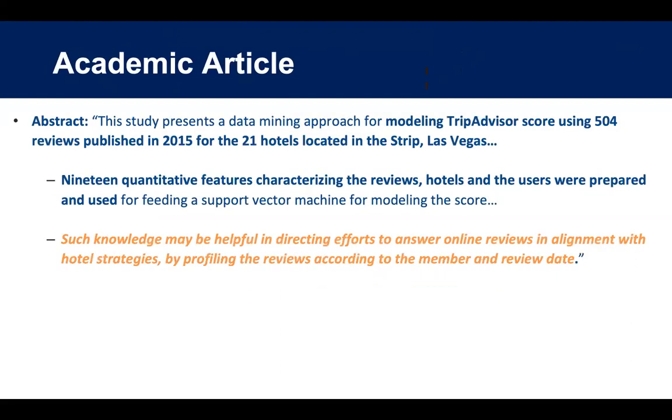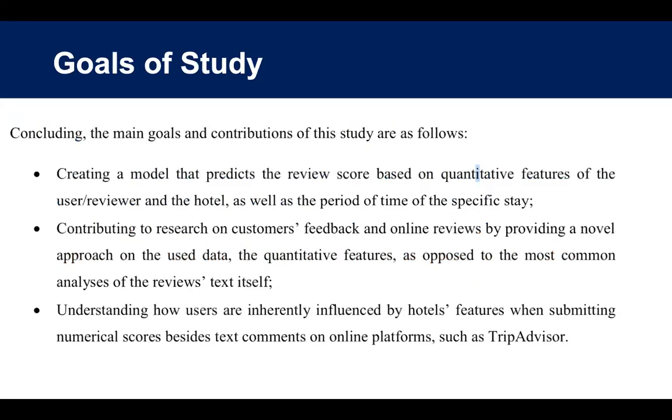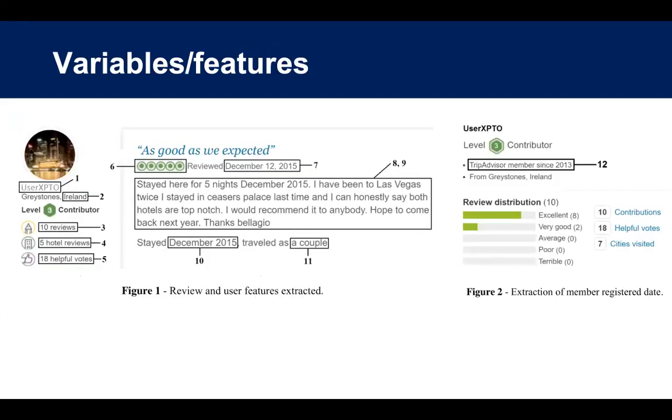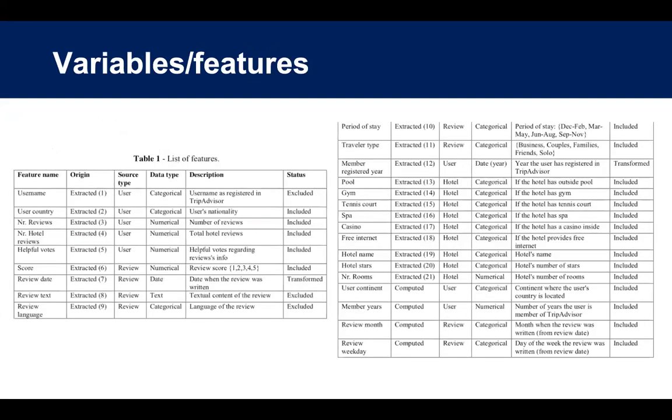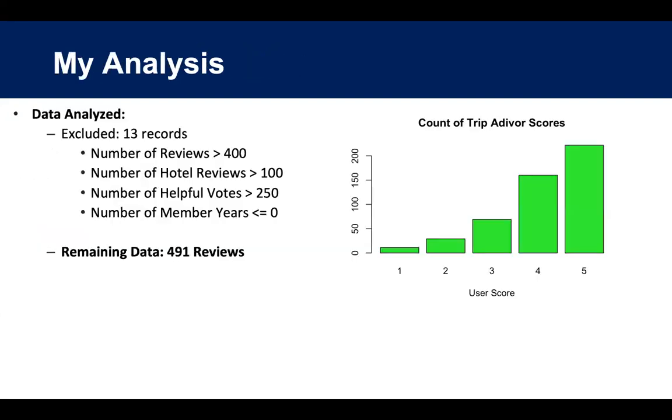So they collected about 500 records. Just quickly here, the goals of the study. Here's the different variables or features that they were able to extract here from TripAdvisor. Just a quick table summary here.